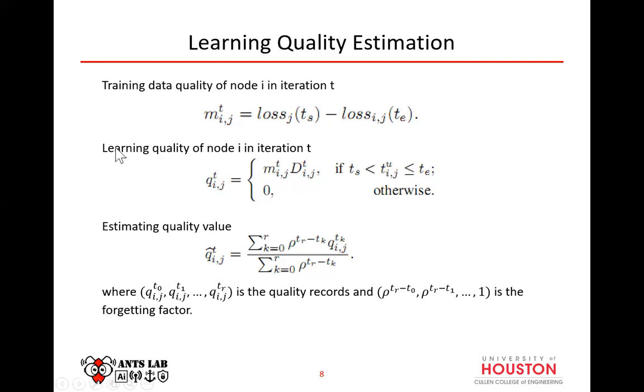So the learning quality depends on both the data quality and the data size. Oh, hey, Maoqiang, why is there a T in the DIJT? The data set size is different from iteration to iteration. Yeah. I think it's the sample data size probably.